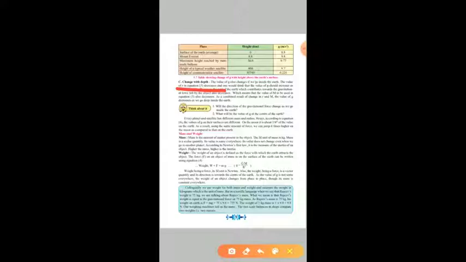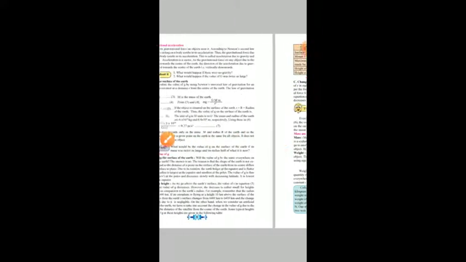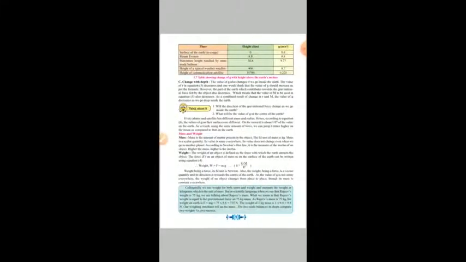The value of g is not the same everywhere; it changes at the surface because the surface of the Earth is not spherical. Even at height it will change, and even at depth the value of g will change.